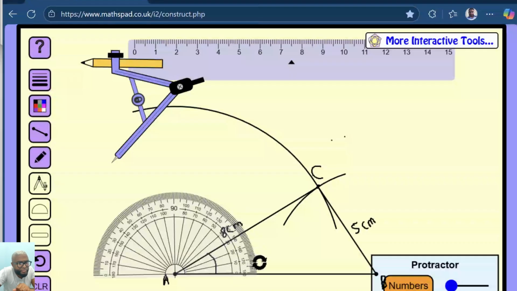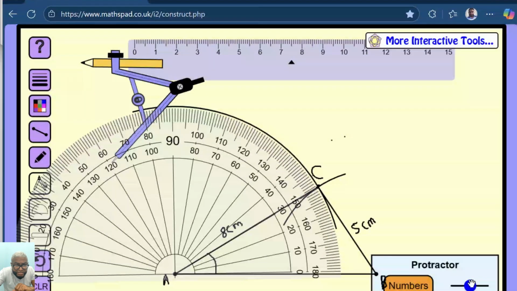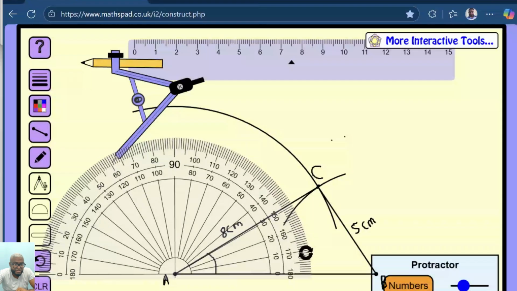What are you all getting on your protractor? Some got 33. I get exactly 30. You're supposed to get exactly 30 also.